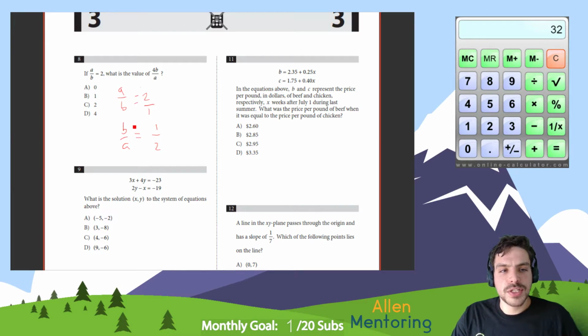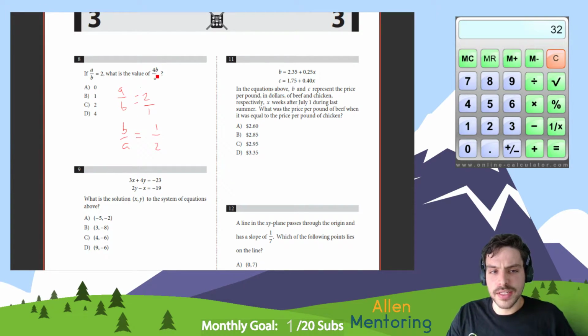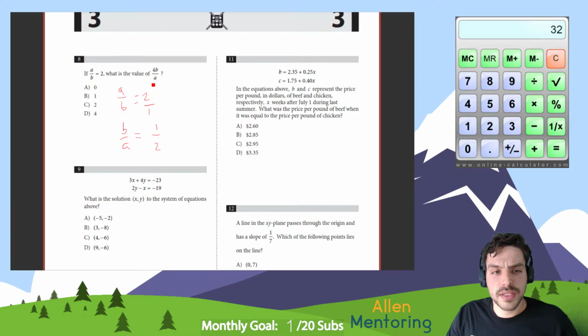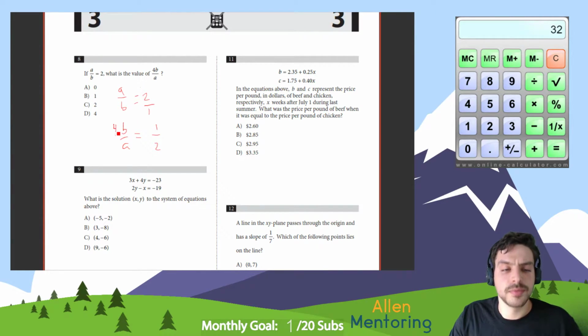Okay, so now we're starting to get it looking like this modified fraction that they want us to do. So what's left? Well, once we flipped it, we see that 4B over A has a 4 right next to it, right? So if they're multiplying B over A times 4, all we have to do is multiply 1 over 2 times 4.